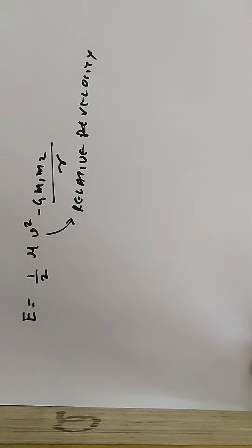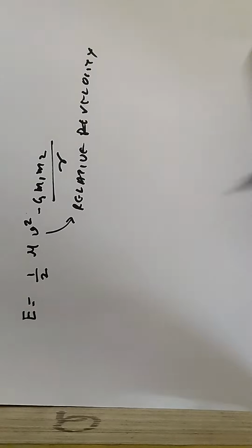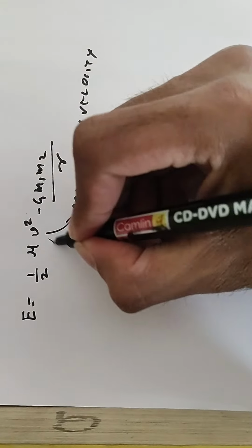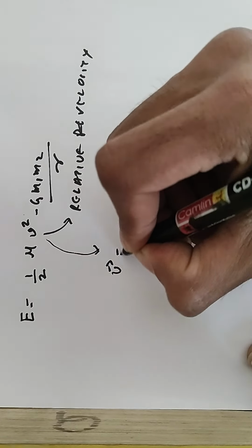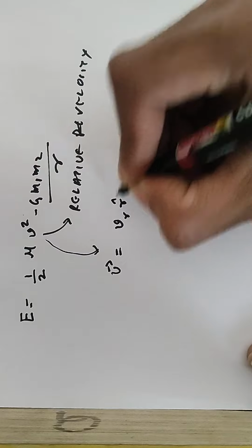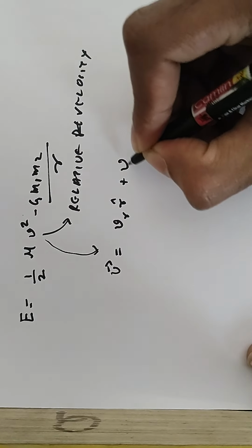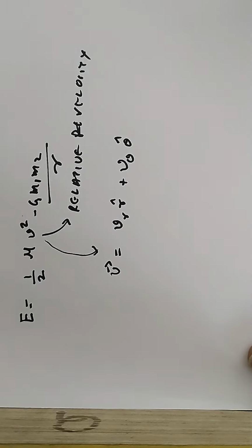Now I said that we need to use plane polar coordinates. How to bring plane polar coordinates into the picture is through the velocity. We will write the velocity in plane polar coordinates. It has two components, the radial component and the theta component.